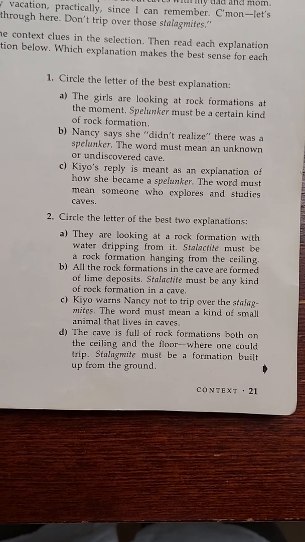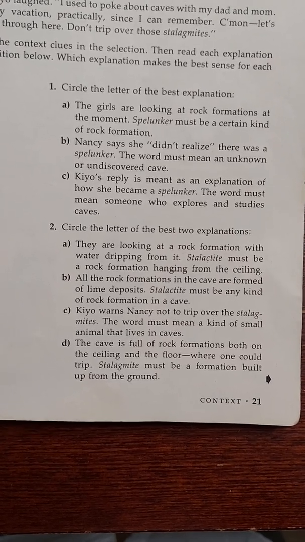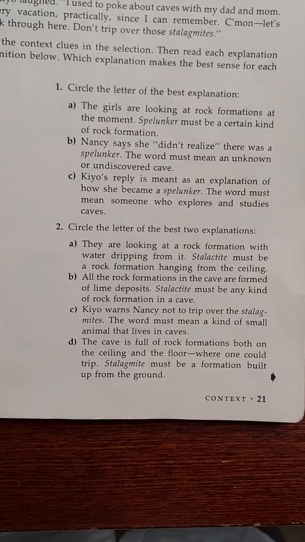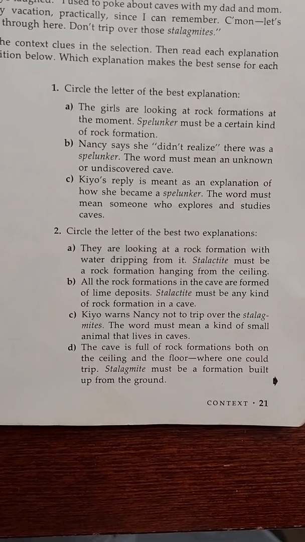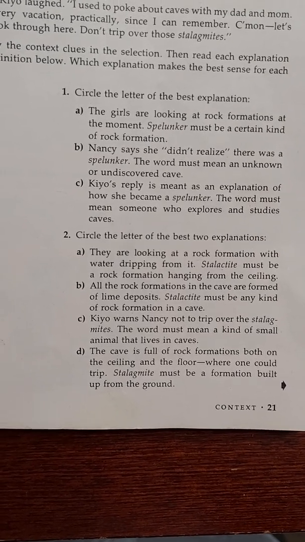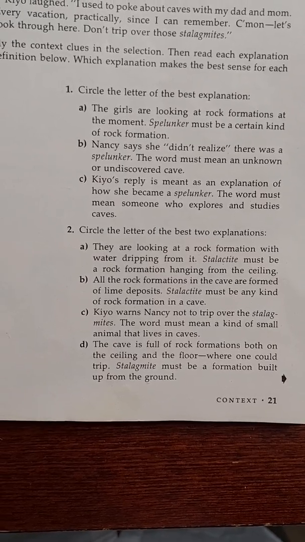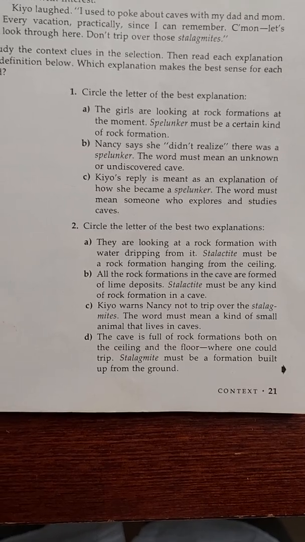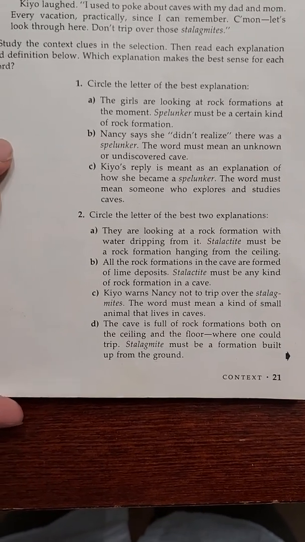C, Kyo warns Nancy not to trip over stalagmites. The word must mean a kind of small animal that lives in caves. D, the cave is full of rock formations, both on the ceiling and the floor, where one could trip. Stalagmite must be a formation built up from the ground. Remember to use the process of elimination and then to pick your answer. Next up.